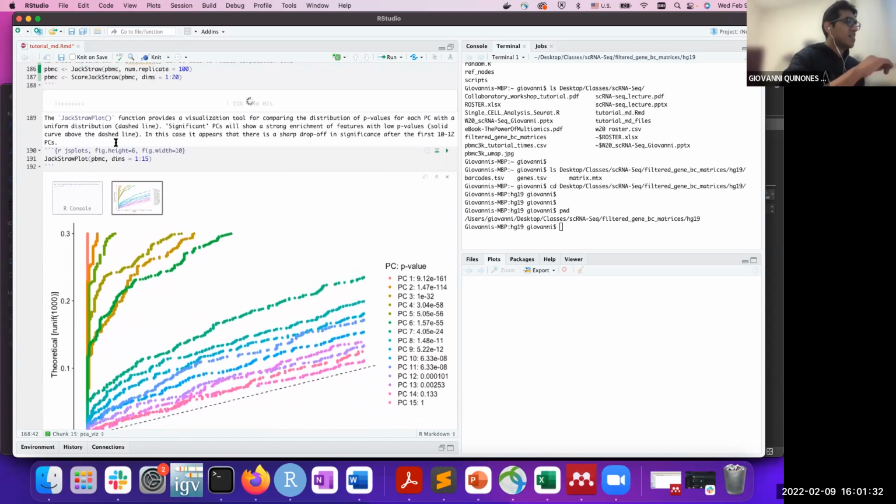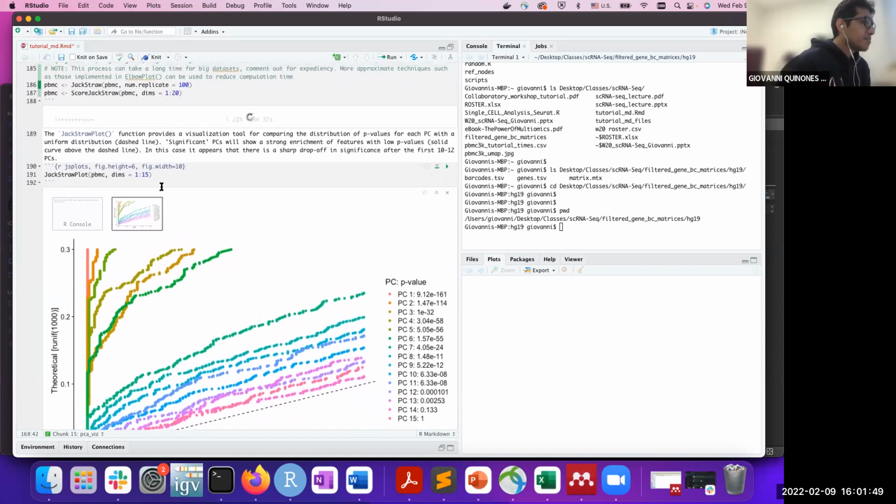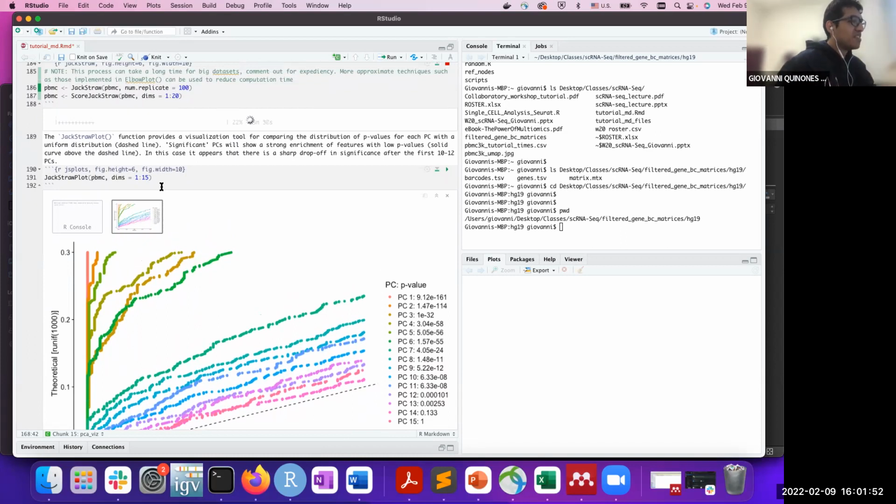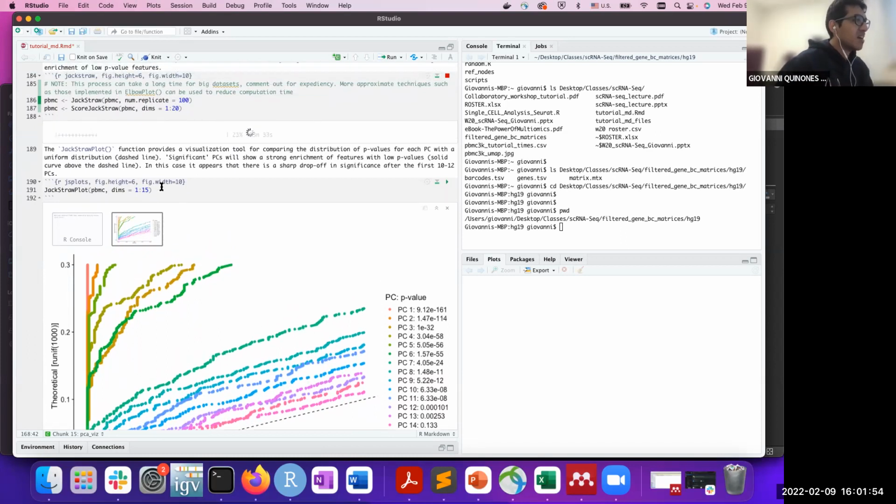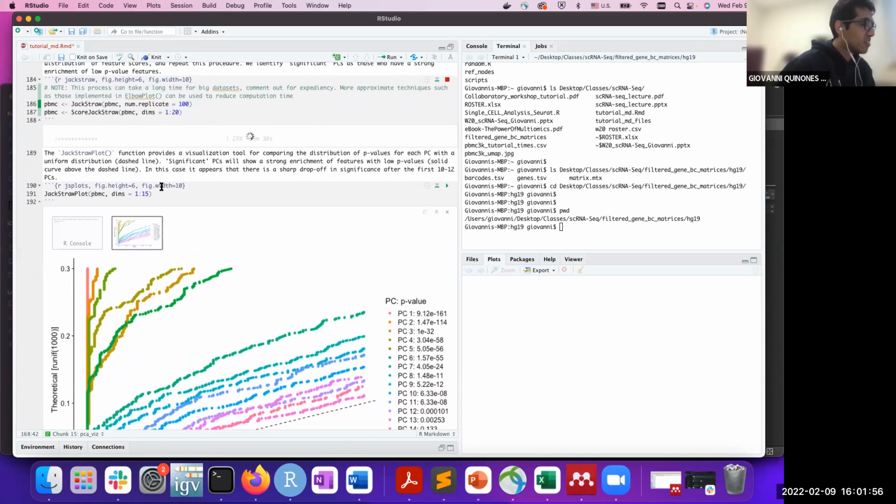The idea behind the jackstraw is it will generate a sort of background PCs, meaning it will generate this set of dimensions, based on multiple sets of bootstrapping, subsampling, and it will generate this population of PCs that are random, that are not really meaningful.